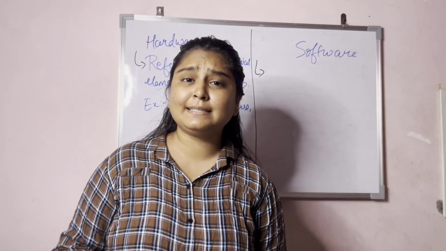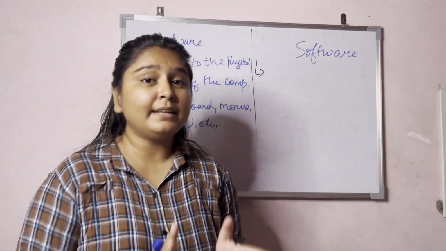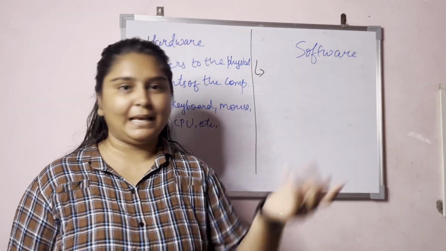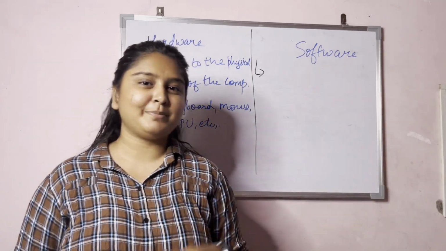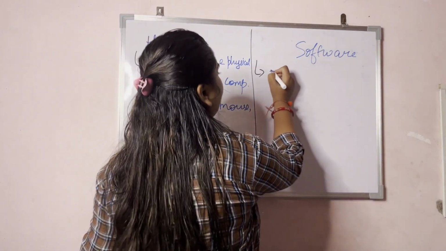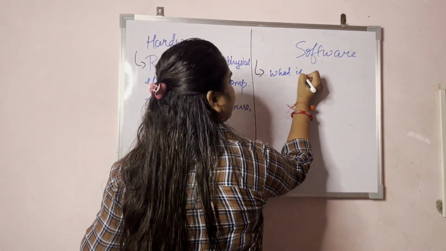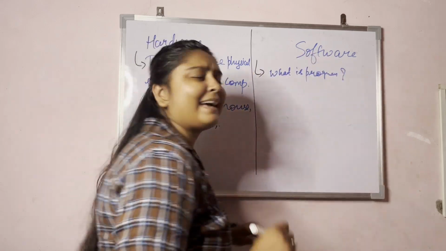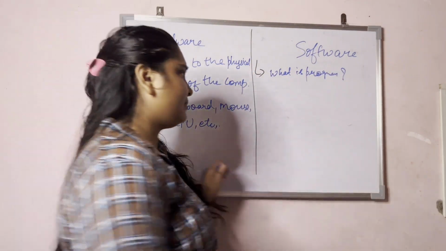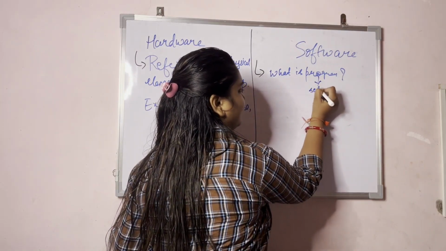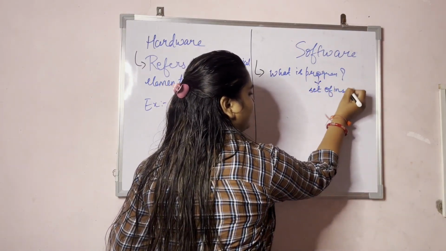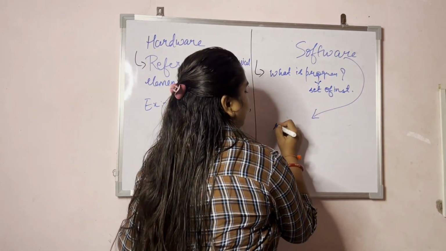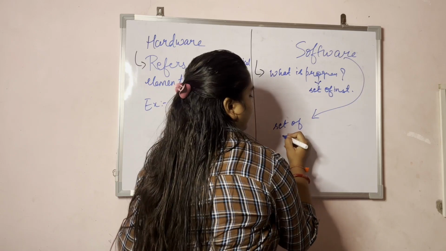So everyone might be saying that a set of instructions, or a set of meaningful instructions, makes a program, right? That was my question, what is a program? Why did I ask that? Because as a program is a set of instructions, the software is a set of programs.